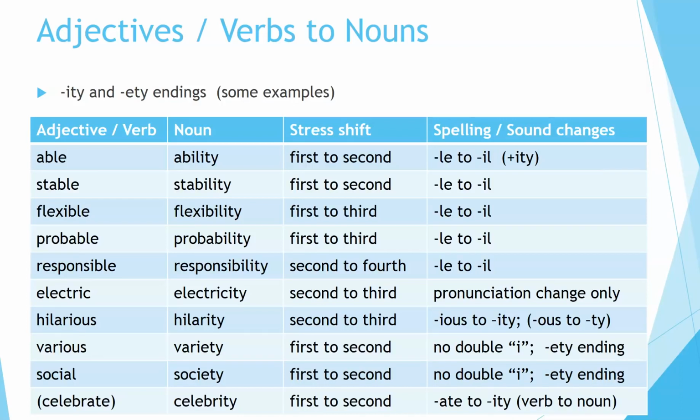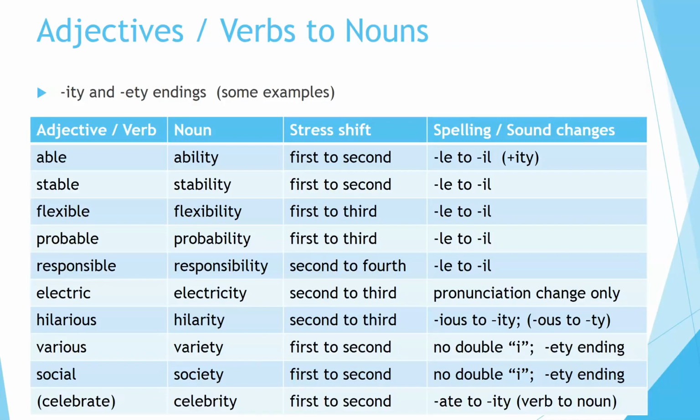Let's look at the next one. Electric, electricity. This goes from the second to the third syllable, where the change in stress takes place. Now notice there is no spelling change, but there is a pronunciation change. When you add the ity, you don't have to change the spelling, but it goes from a hard C, k, electric, to a soft C, s, electricity, like from a K to an S sound.